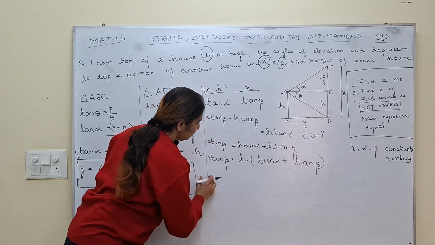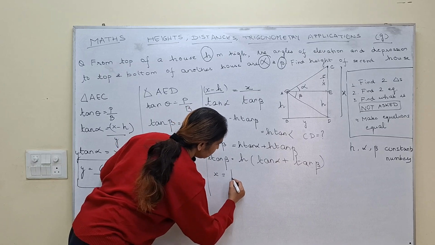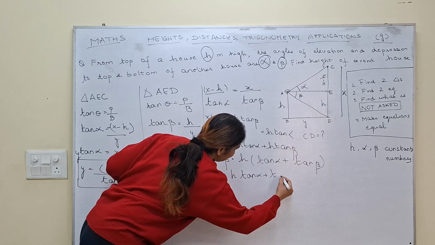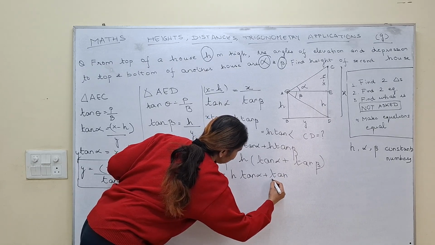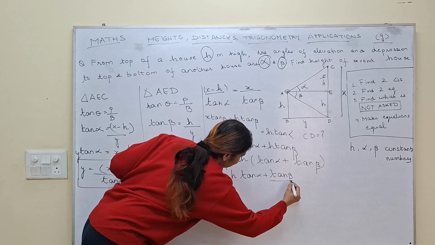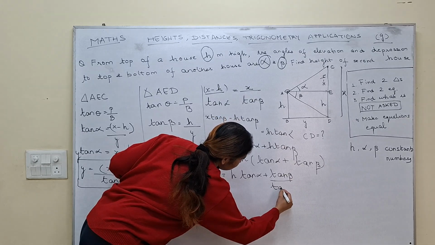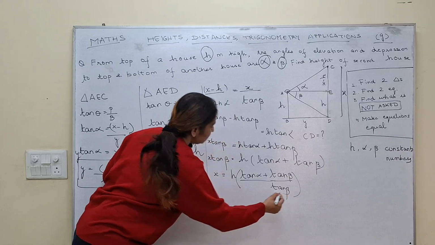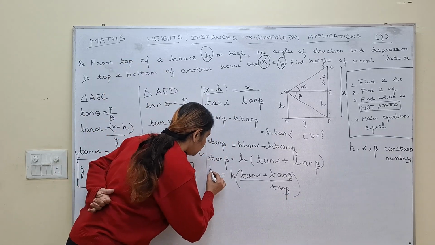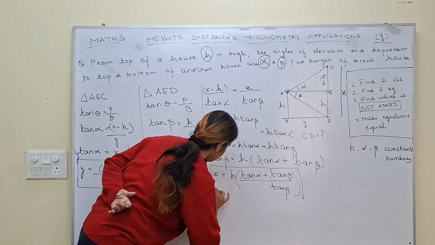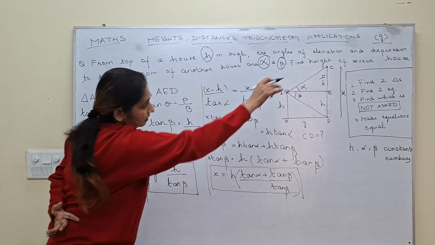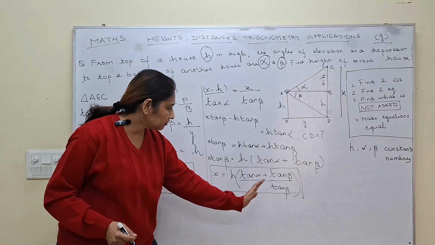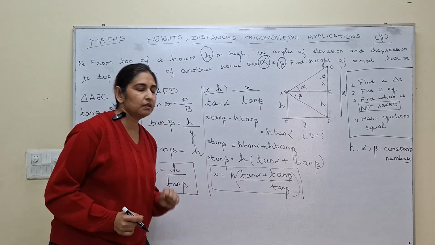I can get this down because x is ultimately what I needed. So this is our final answer, that the height of the second house, the taller house, is h times tan alpha plus tan beta, and whole upon tan beta.